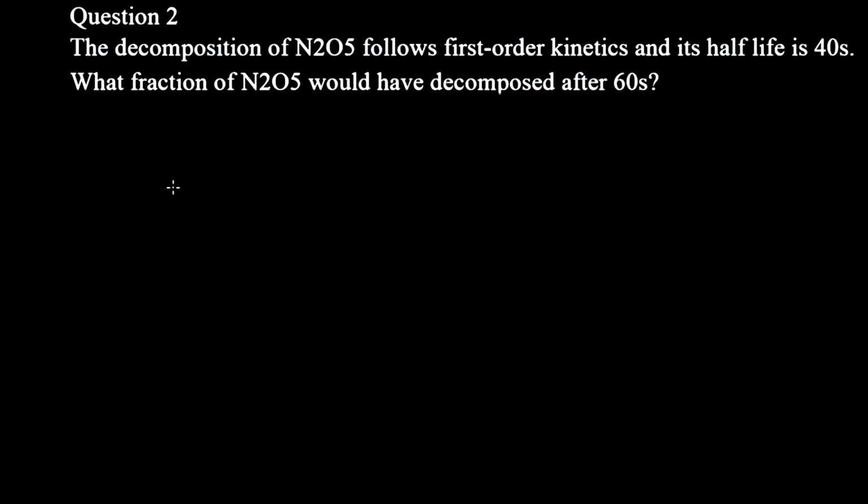So let's look at question 2 above. The decomposition of the reactant follows first order kinetics and its half-life is 40 seconds. What fraction of the reactant would have decomposed after 60 seconds?